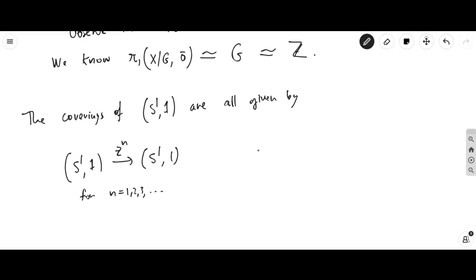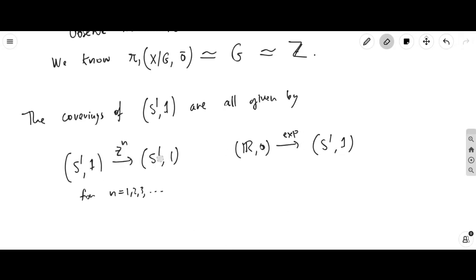And the other exception, this is basically the extreme case, is when you map the real line to the circle, and this is the exponential map, as we've talked about. So this is the complete classification of all coverings of the circle, because the fundamental group of the circle is isomorphic to the integers, so the subgroups of the integers will correspond to all of those coverings. And the classification theorem says that this is the complete list of all coverings. Any other covering that you can possibly come up with of the circle will have to be isomorphic to one of these two, either this one or that one.